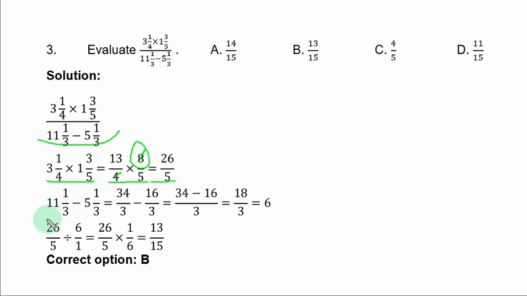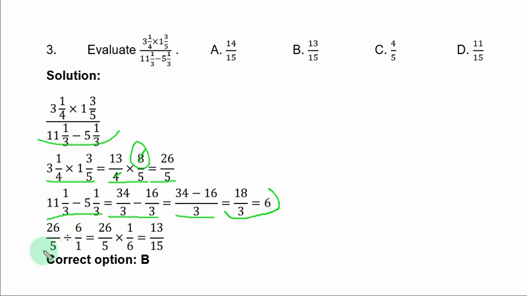Now let's take the denominator. You convert the mixed fractions to improper fractions. You have it in this form. This is fractions subtraction. You find the LCM, and the LCM is 3. You simply have 34 minus 16 over 3. That is 18 over 3, equal to 6.